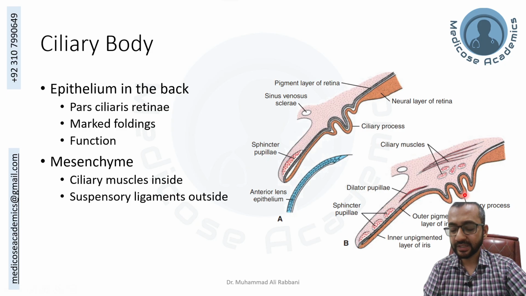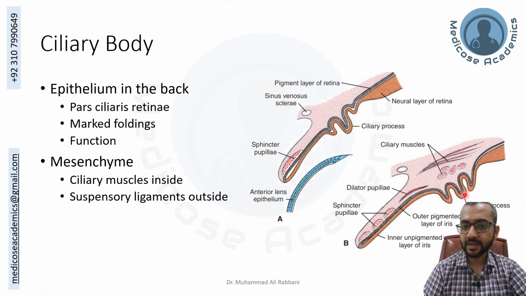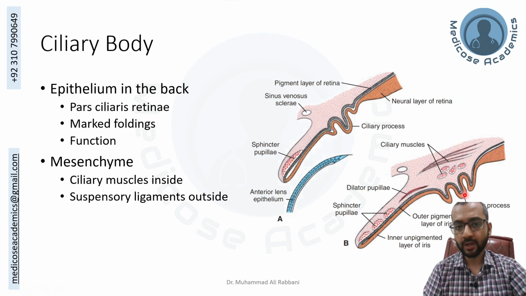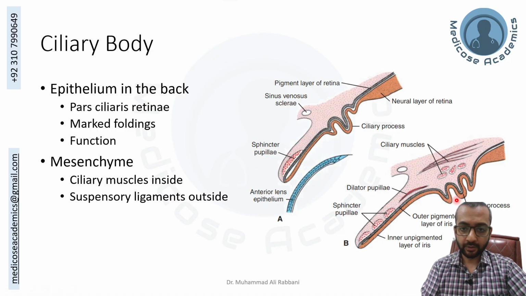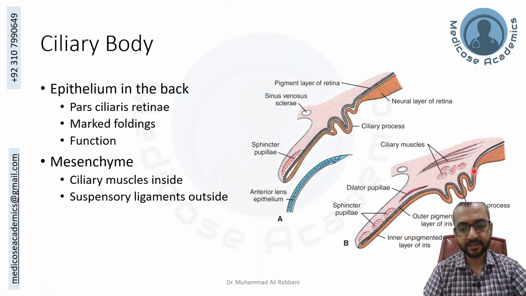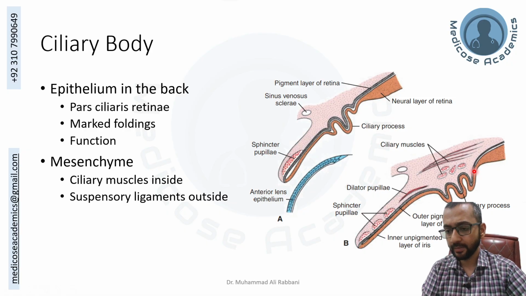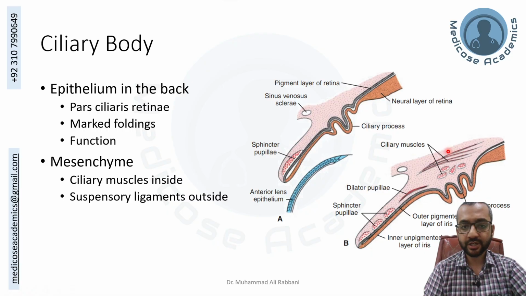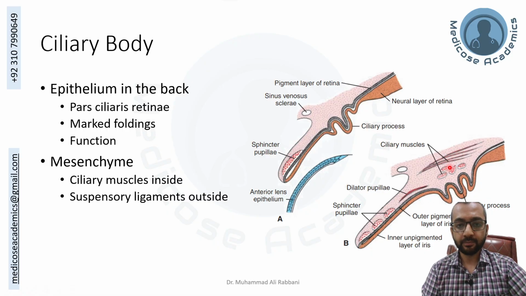This is the epithelium that gives rise to the suspensory ligaments that hold the lens. Also, during adult life, this is the epithelium that secretes the fluid of the aqueous chamber. On the inside there is mesenchyme. Again, the mesenchyme is a mixture of mesoderm and neural crest cells, and the ciliary muscles, as opposed to the iridial muscles, are generated from the mesenchyme.